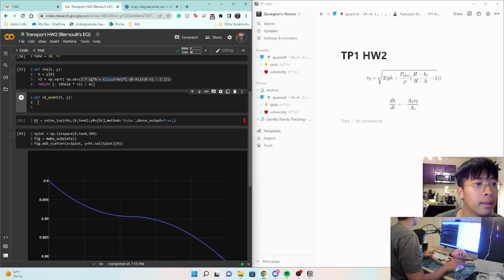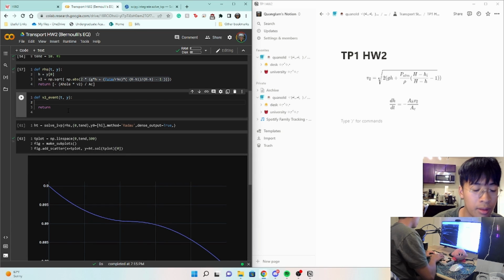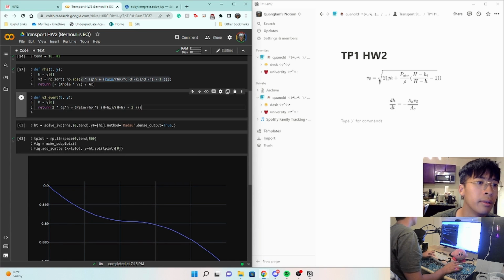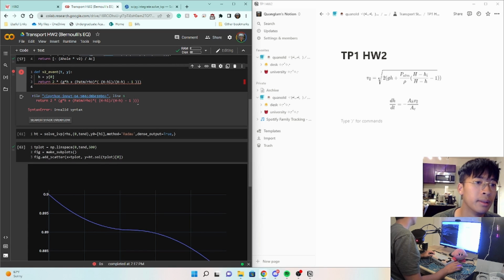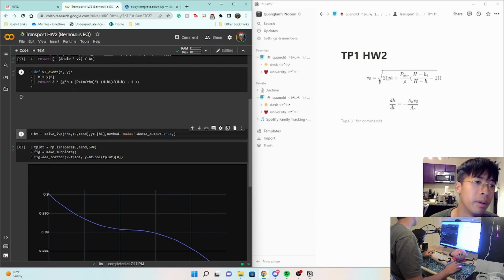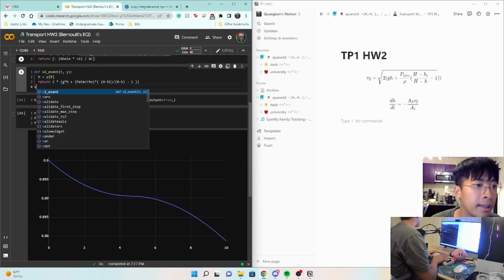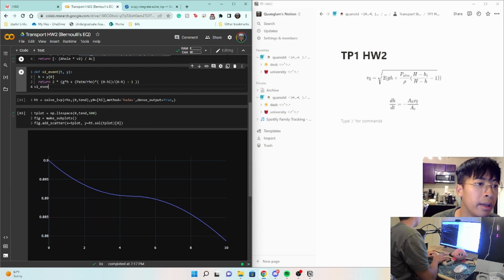Okay, v2_event, and we are returning, well, before return, h equals y0, right? Return this because we want to figure out when this equals 0. Okay, and we want to assign this v2_event an attribute of terminal. So v2_event.terminal.